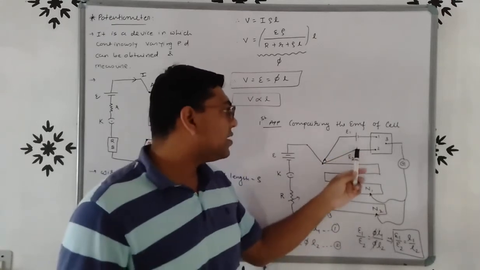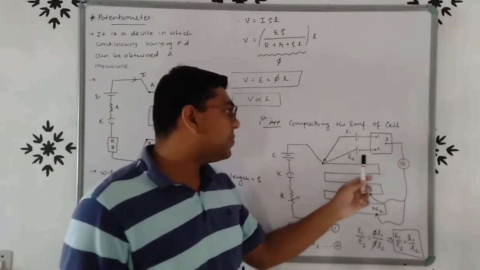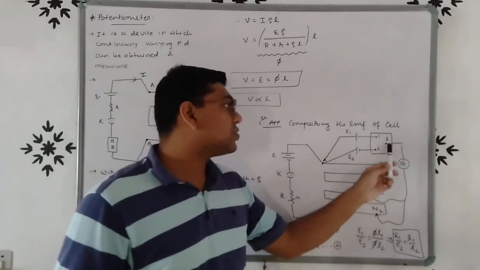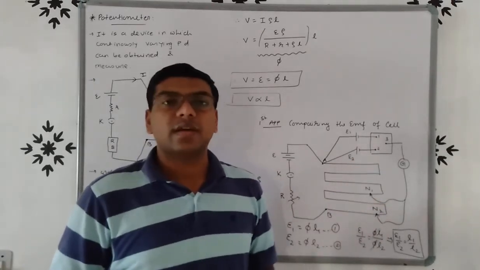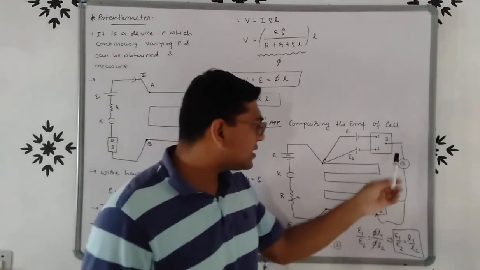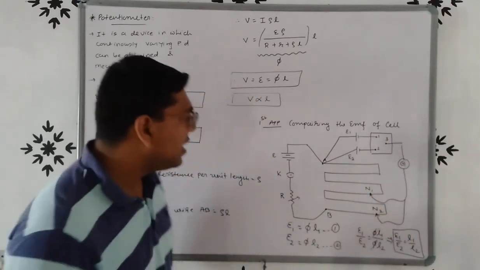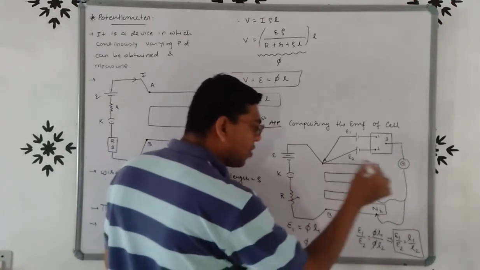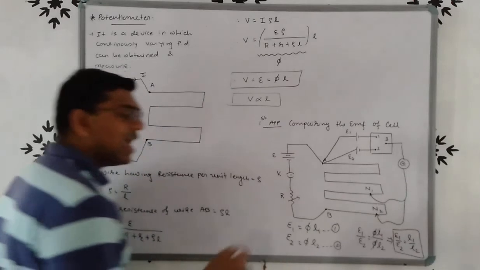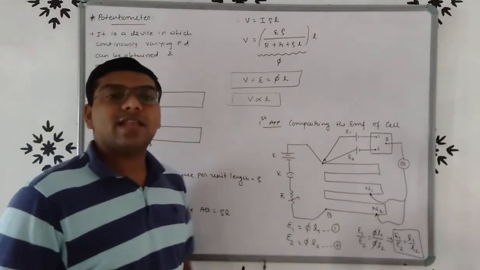The positive terminals of the cells are connected to point A and the negative terminals are connected to the two terminals of the three-way switch. The third terminal of the three-way switch is connected to the galvanometer and jockey. Now, in the first case, we move the jockey from A to B. Then we get some null point N1. So we can write that E1 is equal to phi L1.